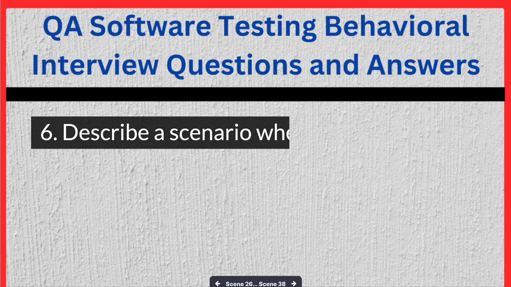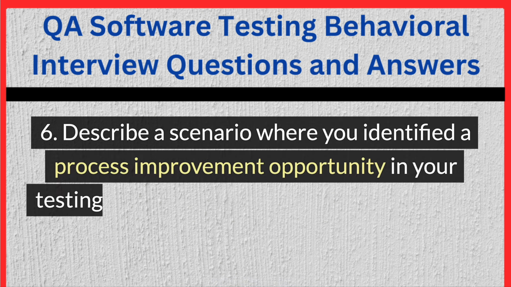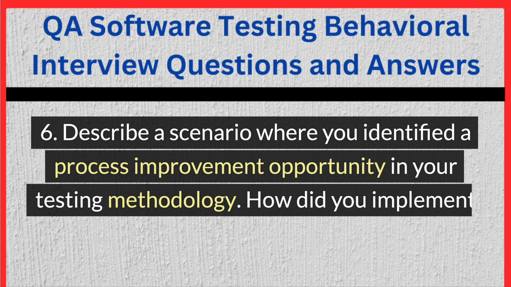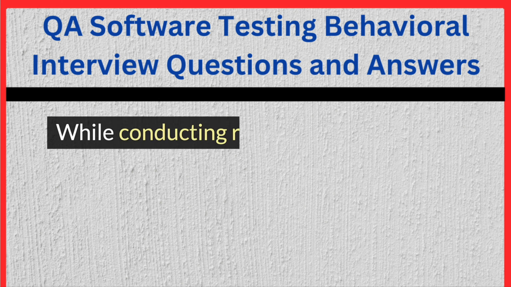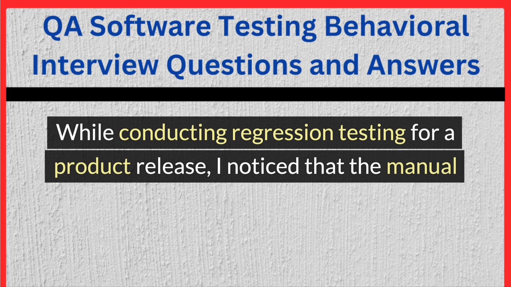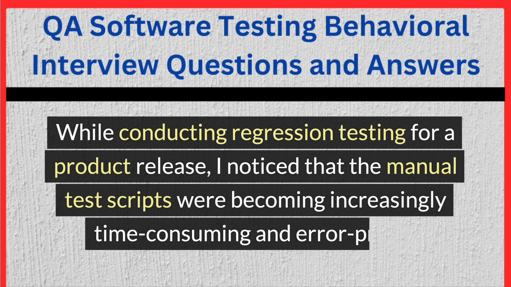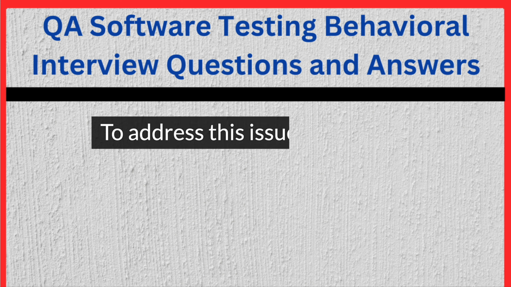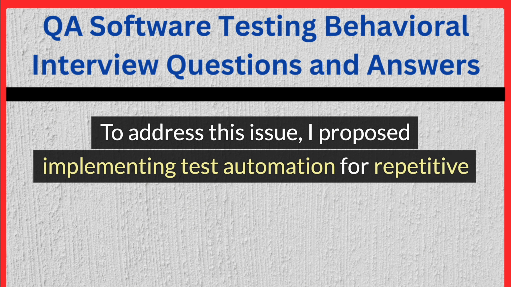6. Describe a scenario where you identified a process improvement opportunity in your testing methodology. How did you implement the improvement? While conducting regression testing for a product release, I noticed that the manual test scripts were becoming increasingly time-consuming and error-prone. To address this issue, I proposed implementing test automation for repetitive test cases.